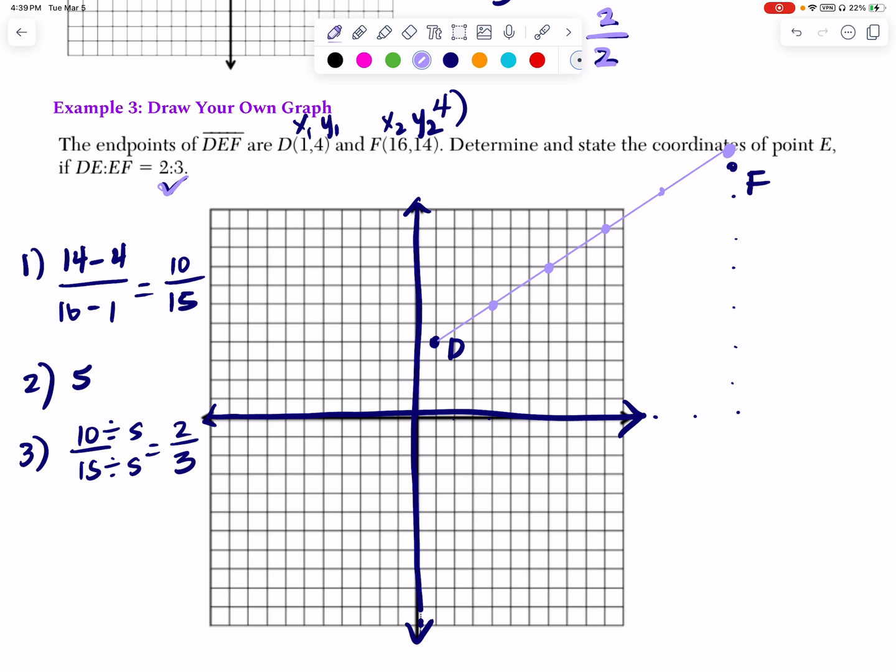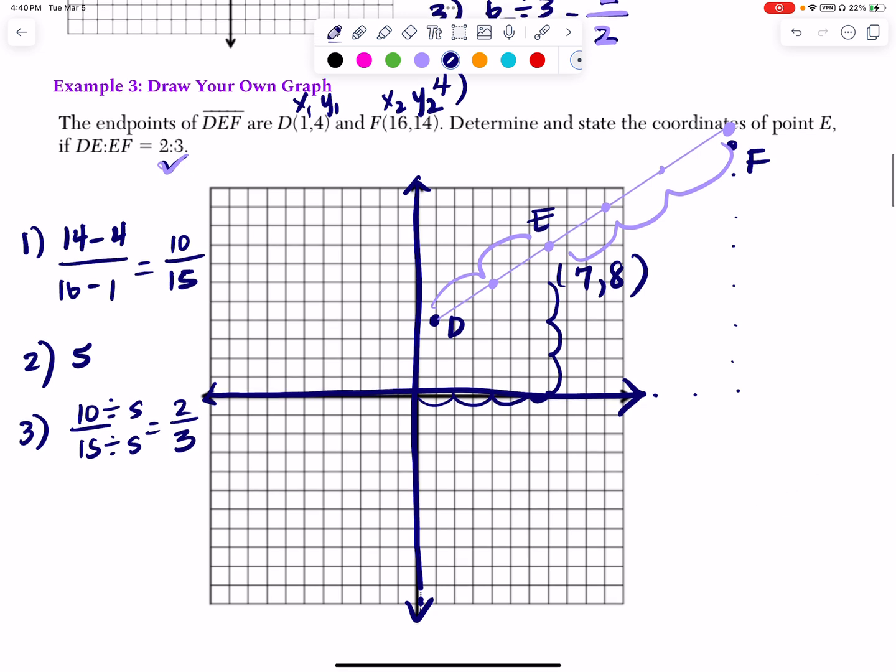And we just need 2 of those partition sections. So 1, 2. The point E is going to be here, and that point is 7 over 8.